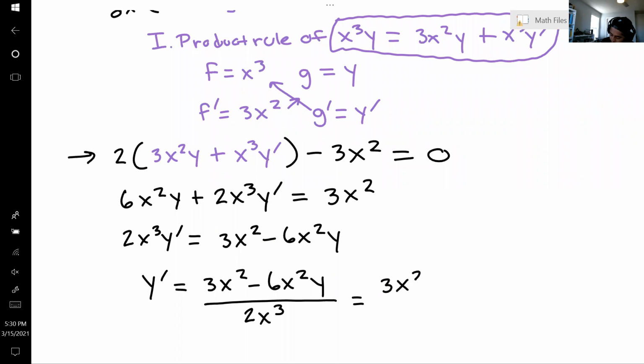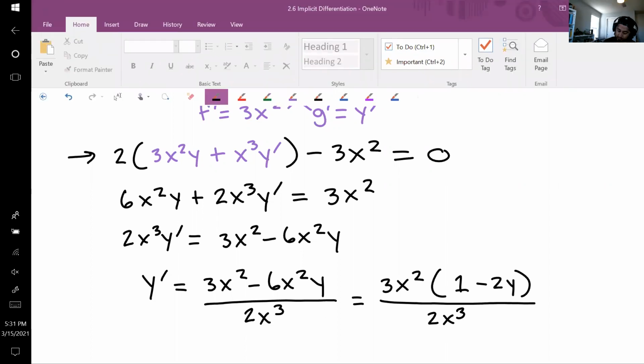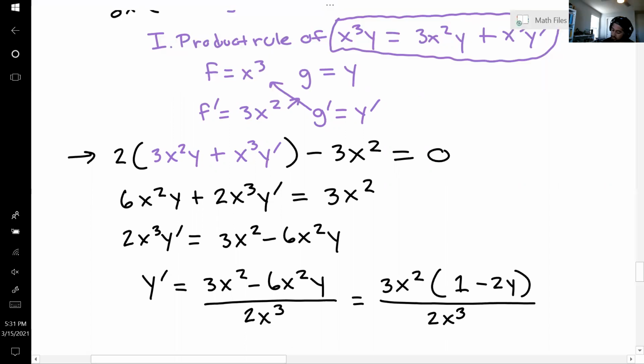That'll work. And that'll leave me with 1 minus 2y, right? Over 2x cubed, which means that we get to reduce again. And we know that this x squared will cancel.